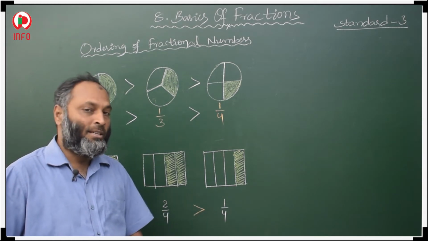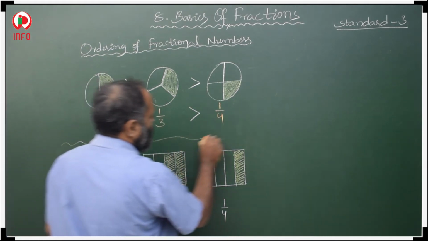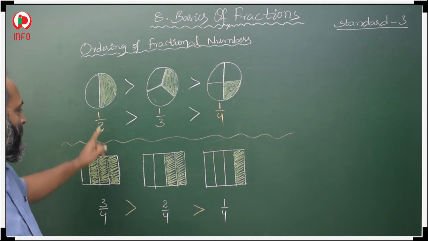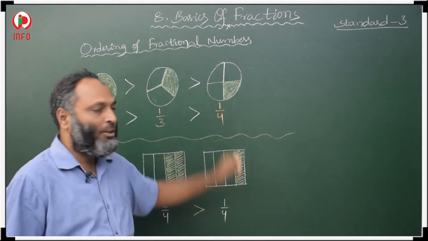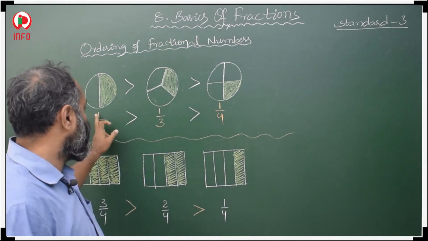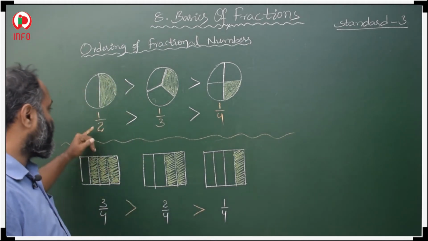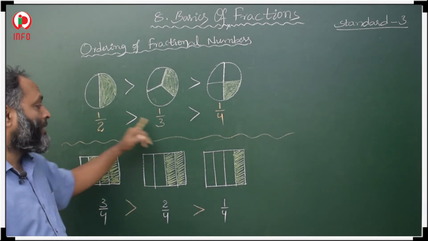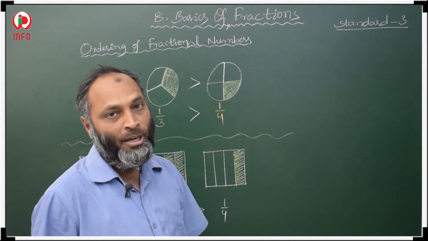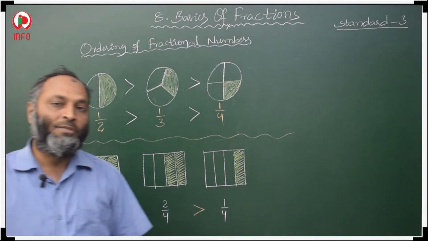Now here we have 2 types of questions. In the first one, the numerators are the same in all these 3 fractions, 1, 1, 1, and we have different denominators 2, 3, 4. If numerators are the same and we have different denominators, how do we say which one is bigger and which one is smaller?